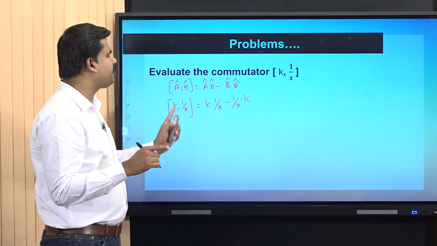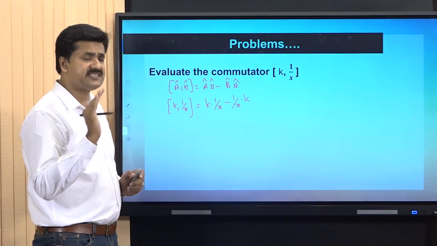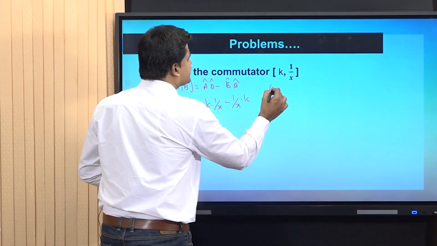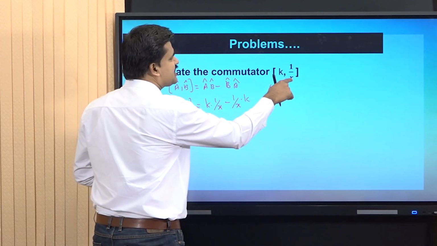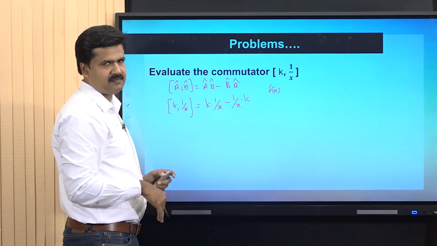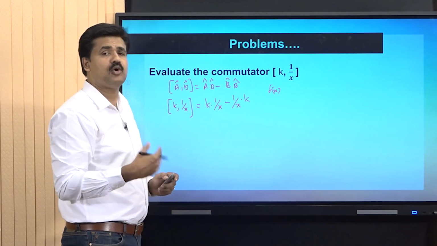In order for an operator to be valid, there must be an operand. For the sake of convenience, I am introducing an arbitrary operand f of x. I am selecting f of x because here x is the variable. If y is here, I can take f of y as the variable. If x and y are here, I can take f of x, y as the operand.